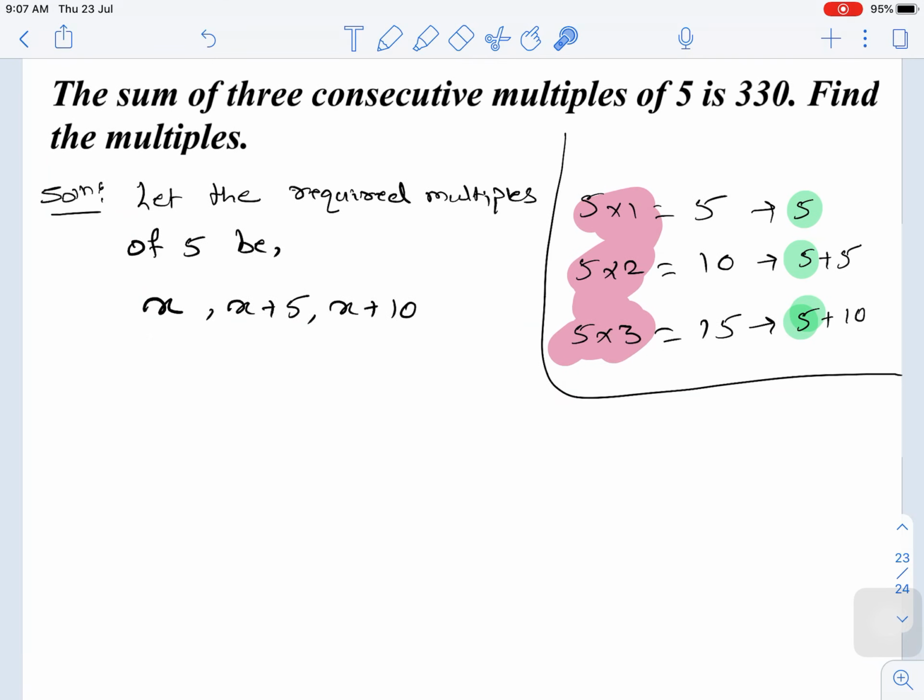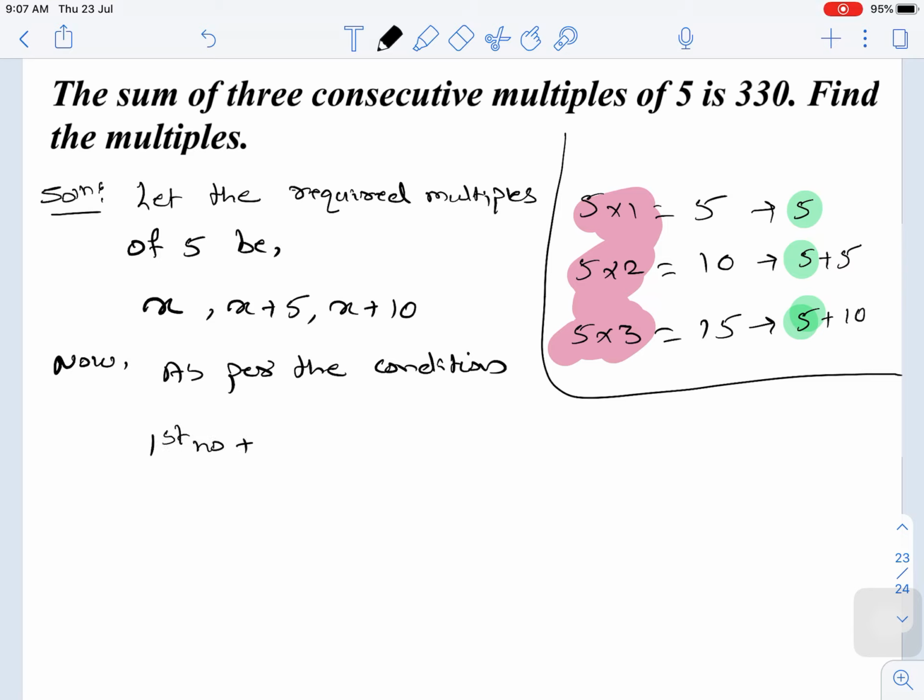Now we have to find what the actual multiples are. As per the condition, what is the condition? The sum of three consecutive multiples of 5 is 330. Let me write here, three numbers are there.